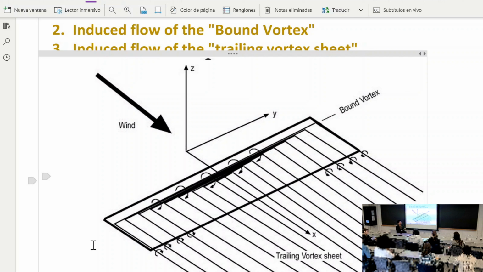Because the free stream no longer points in the free stream direction of the whole airplane for the airfoil sections, the lift vector on the airfoil cross sections points in a slightly different direction from the lift vector of the entire airplane. In general, it tilts backward. Today we are going to look at a scenario where it doesn't have to tilt backward; it can locally tilt forward.